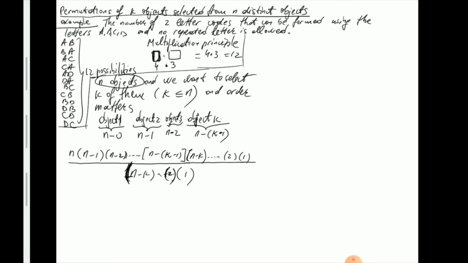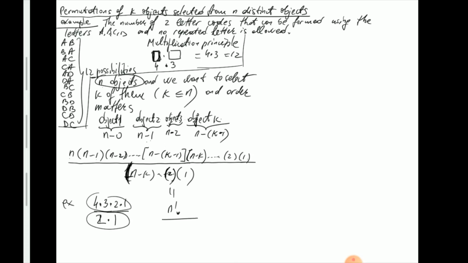So if you want to compare with the example I had on the top, that 4 times 3 is completed with 2 times 1. And of course, you do the same thing on the bottom, 2 times 1. This allows you to write the top and the bottom in terms of factorials. In particular, what you have here on the top is n factorial, because you have all the factors from 1 to n.